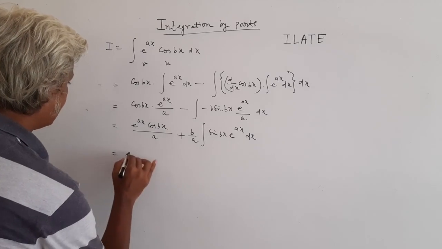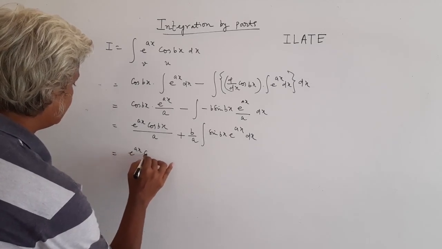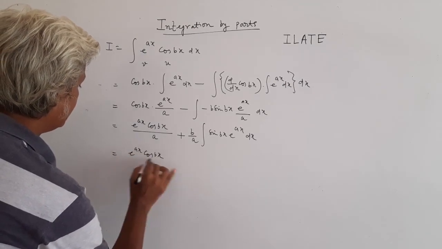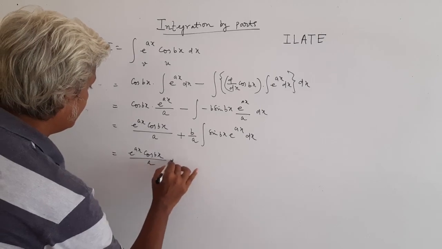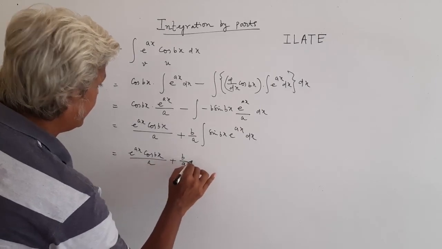So it goes like e to the power ax cos bx over a plus b over a.